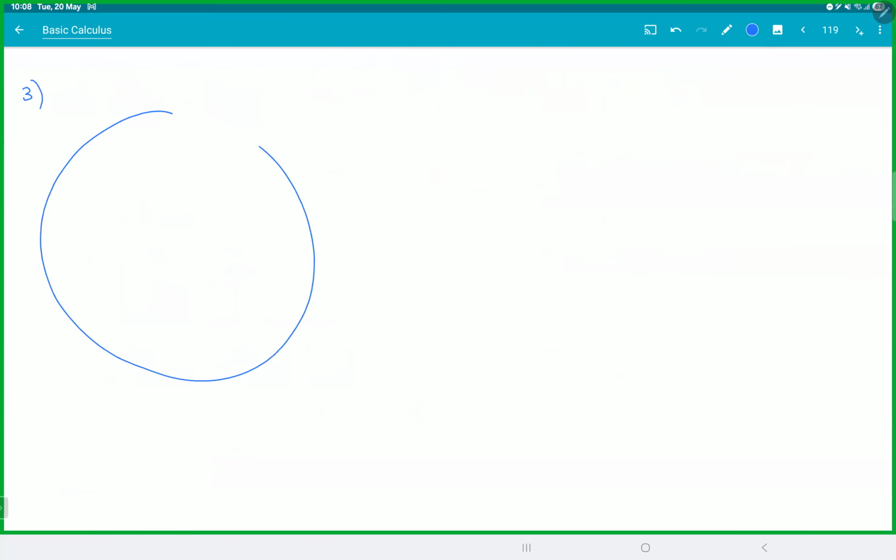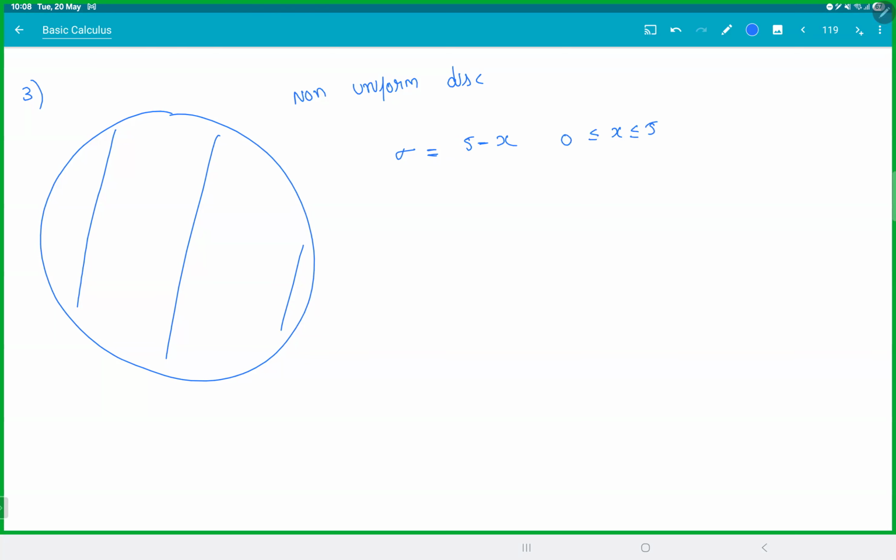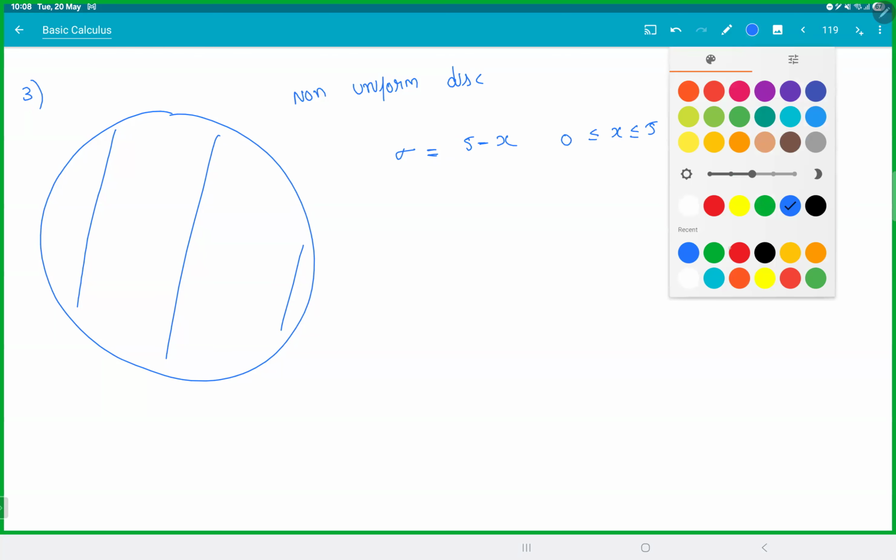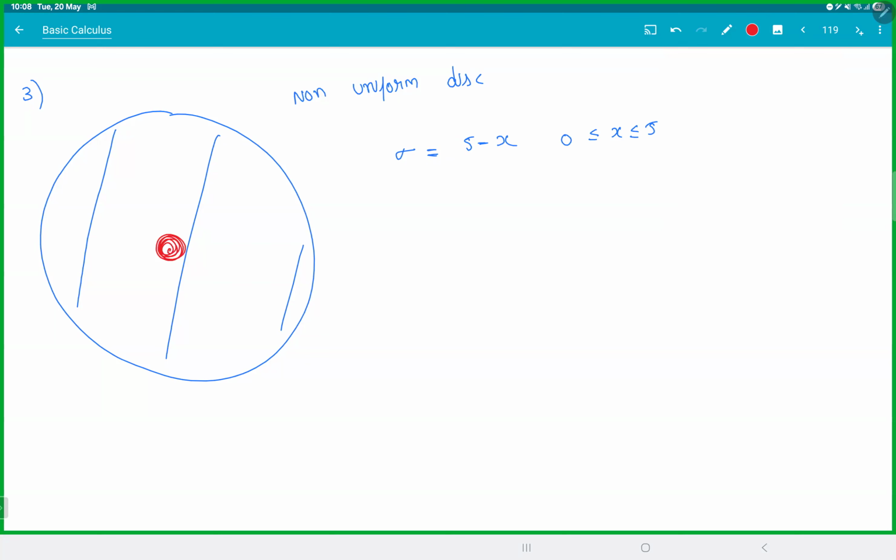So we have a disk. Sigma is given by, let's say, 5 minus x, where x lies between 0 and 5. Now look at this disk, it is different. If I put x equal to 0, it is heavy in the center.